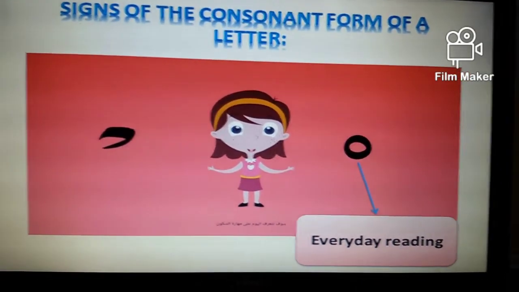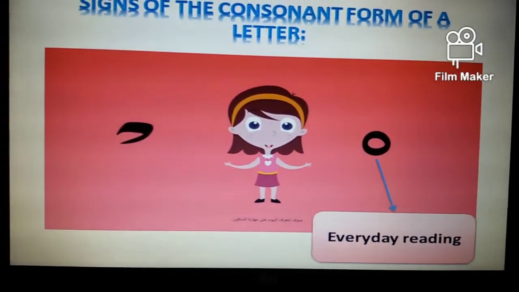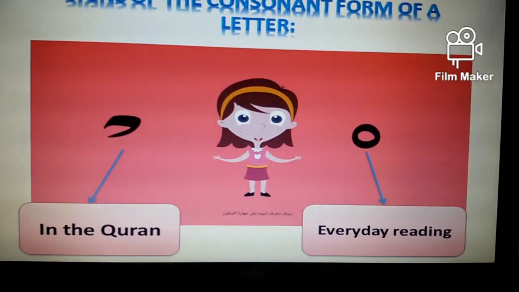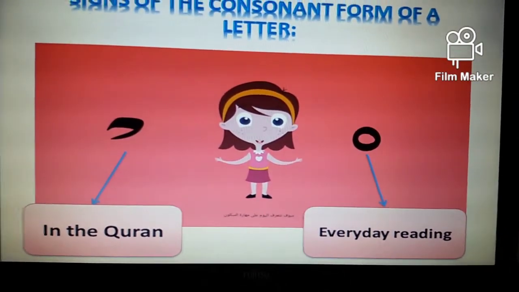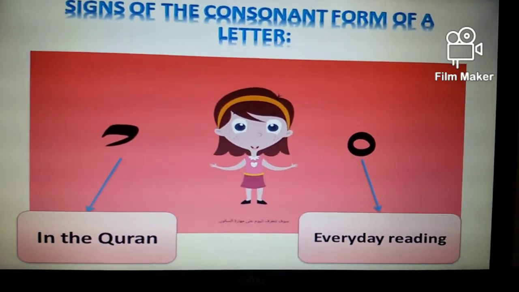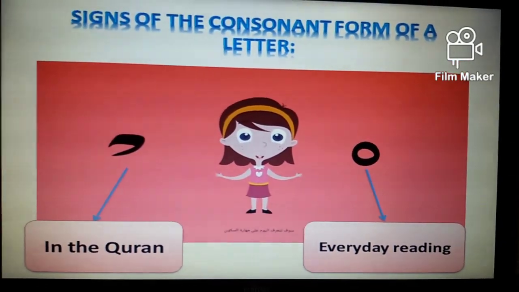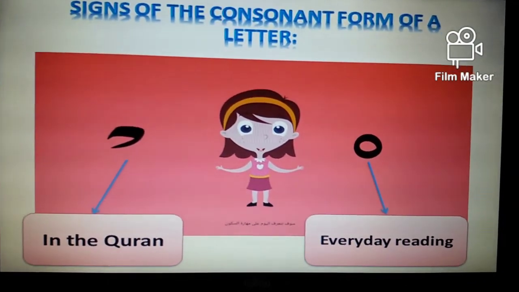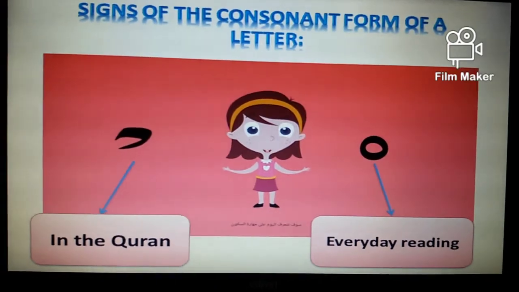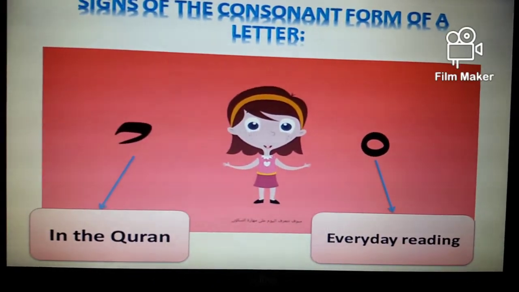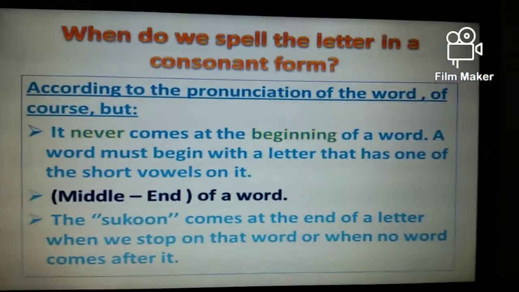However, the second one, on the left, is found only in the Quran, okay? So the one on the right is what we teach the children. However, when a child memorizes the Quran or something, he will learn the second one on the left, okay?